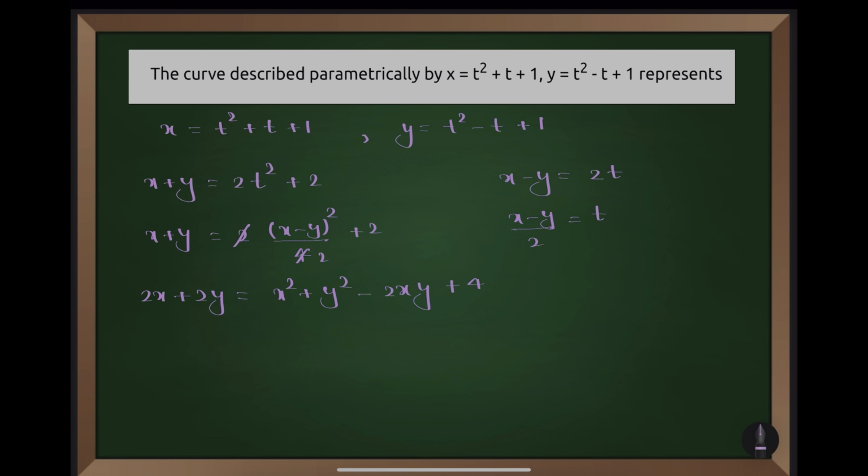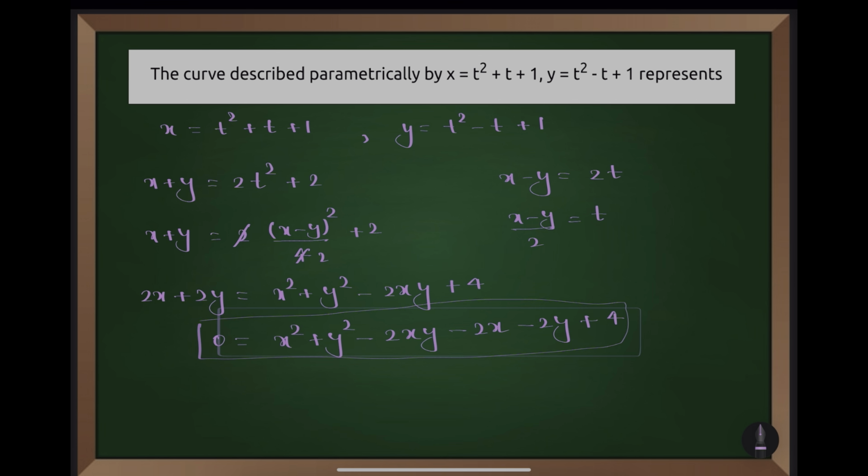Okay, now look at this. You got your curve: x square plus y square minus 2xy minus 2x minus 2y plus 4 equals 0. So you got the equation of the curve.